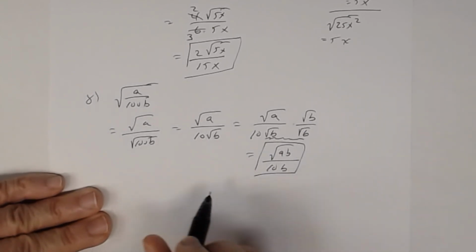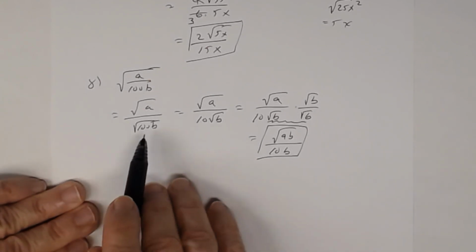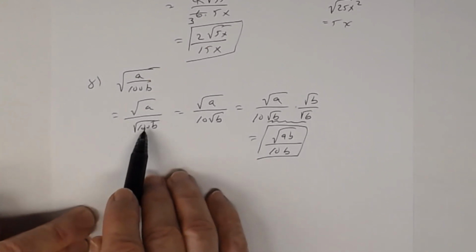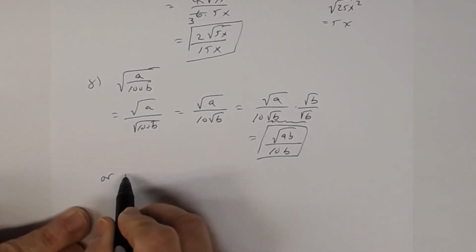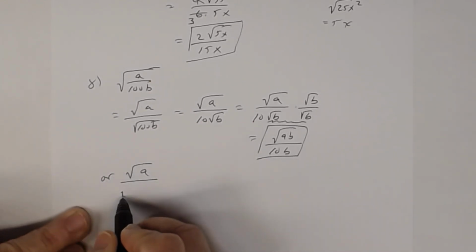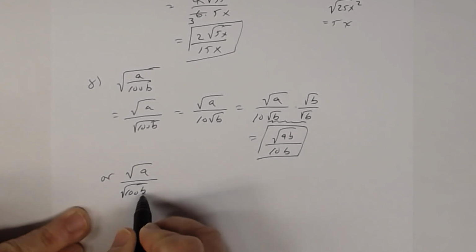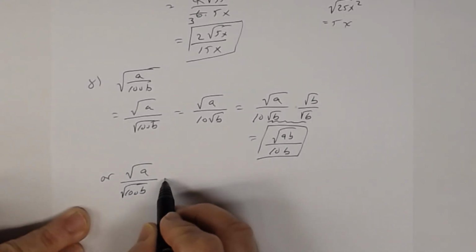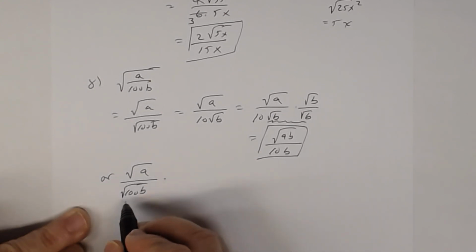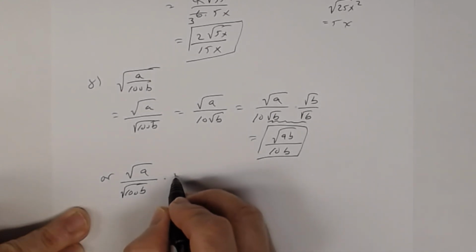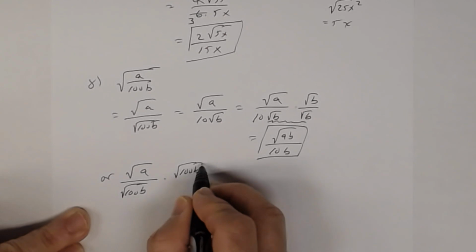Okay. Now, if for some reason you did not see that the square root of 100 was 10, then here's what you would have had to do. You would have said the square root of a divided by the square root of 100b, right? So you would have had to multiply both numerator and denominator by the denominator to get rid of that square root.